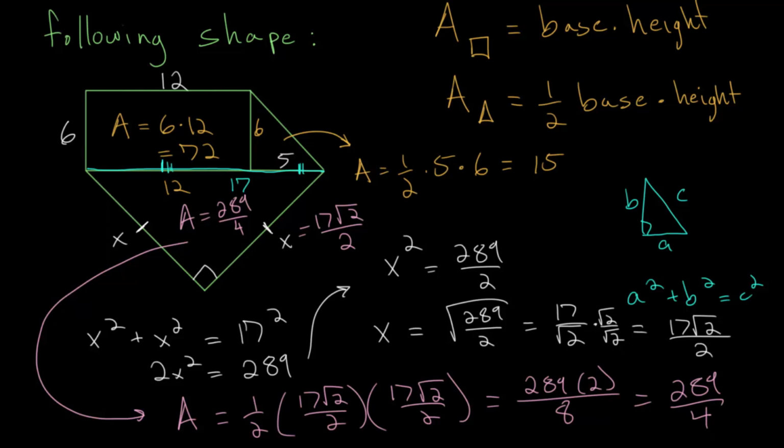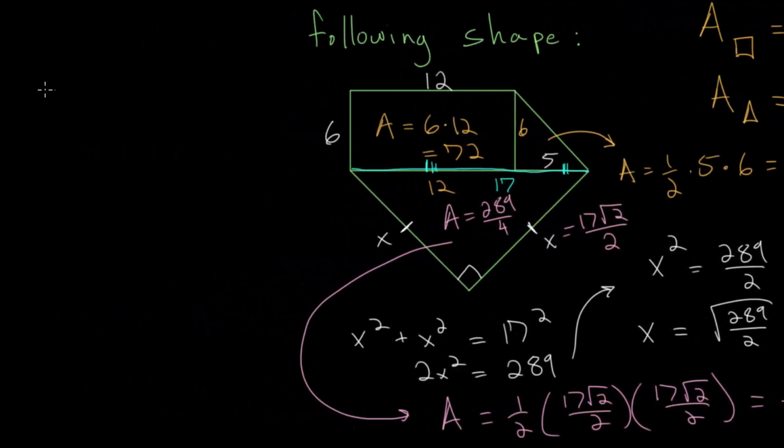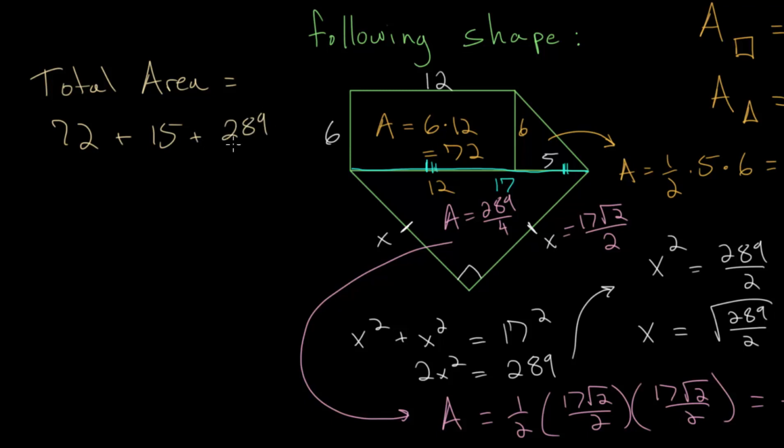So I can scroll over so that we can do that, and we can look at the total area, which again is just the sum of these. We have 72 for the rectangle. We found this triangle was just 15, and we're adding 289 over 4, though we can make this a mixed number or a decimal just to make it a little bit easier.